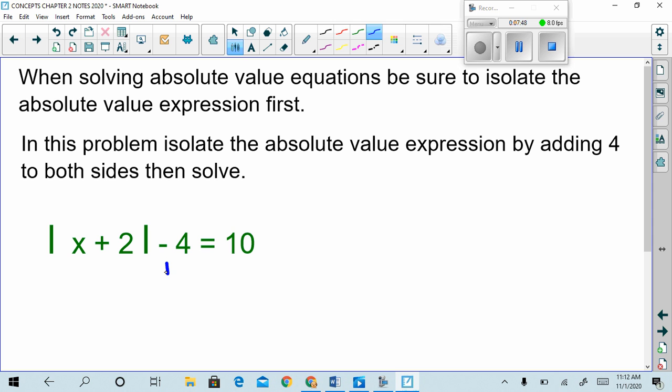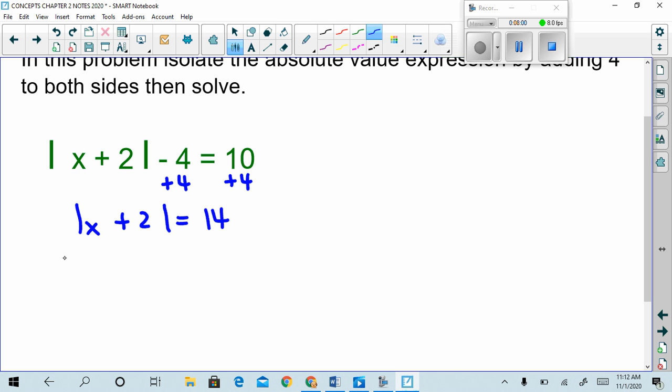So before I do anything here, I'm going to add 4 to both sides. That now leaves me with the absolute value of x plus 2 is equal to 14. Now I can go ahead and solve. I'll have x plus 2 is equal to 14. And then I'll have x plus 2 equals negative 14. Continue to get your answer.